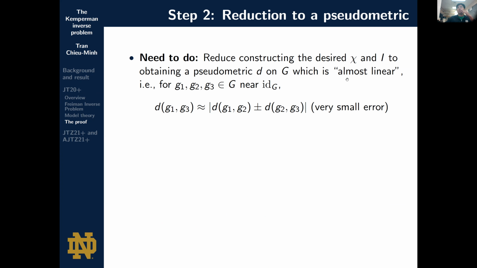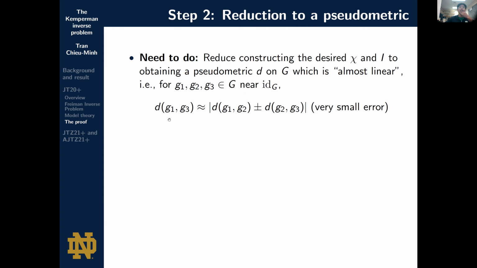So in step 2, we reduce the construction of the group homomorphism that we want to obtaining a pseudometric on the group G which is almost linear.